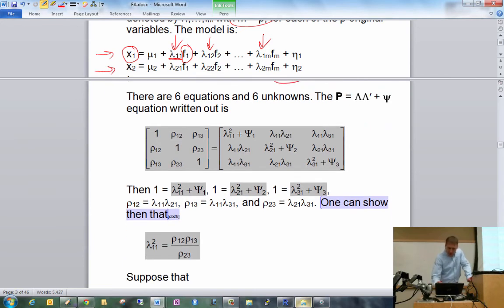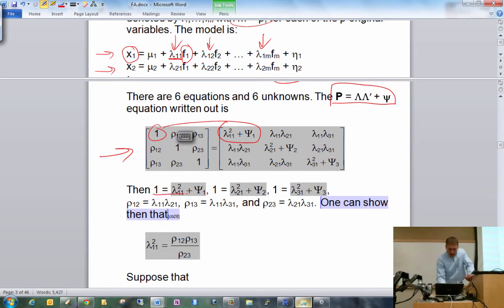And so what we're saying with our factor analysis equations is this. I have this correlation structure, and I'm going to set it equal to what our model says our correlation structure is. So that means, for example, 1 is equal to lambda 1 squared plus psi 1.